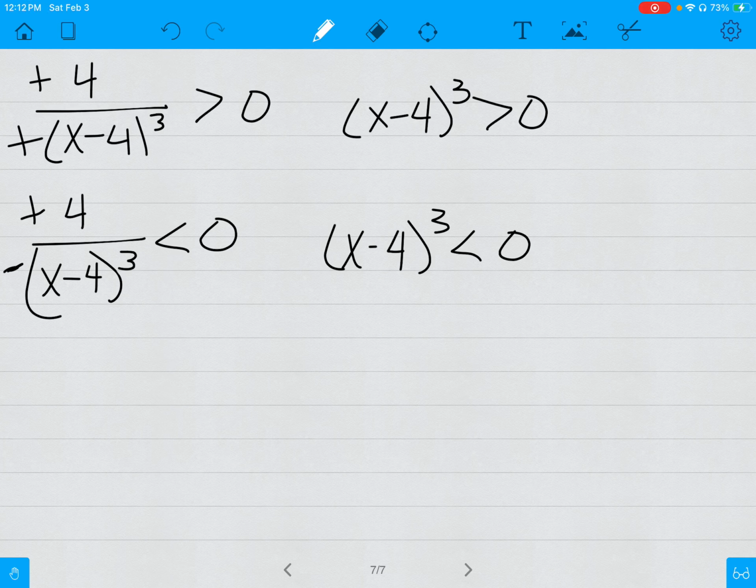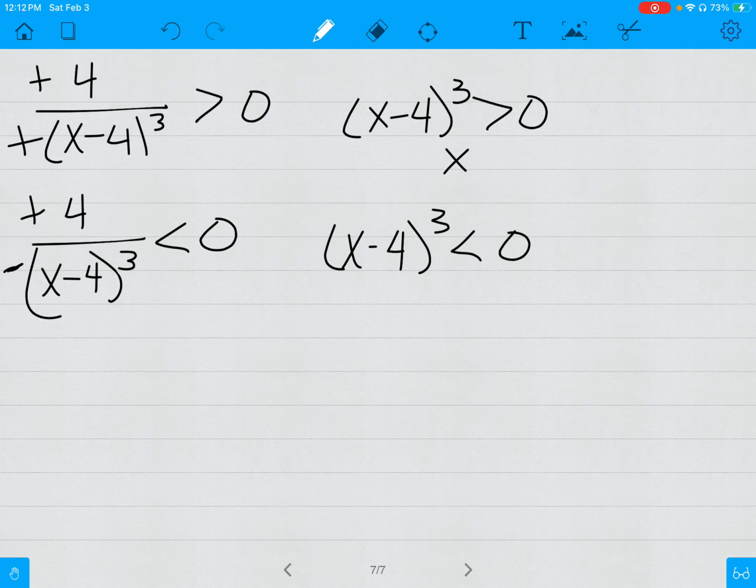And you can do a number of things to solve these. You can use algebra, and some of them you'll just be able to kind of look at and tell. Here, notice if we were to put in a value of 4 and cube it, this would come out to 0. Anything that we put in that's bigger than 4 and cube is going to give us a value that's bigger than 0.